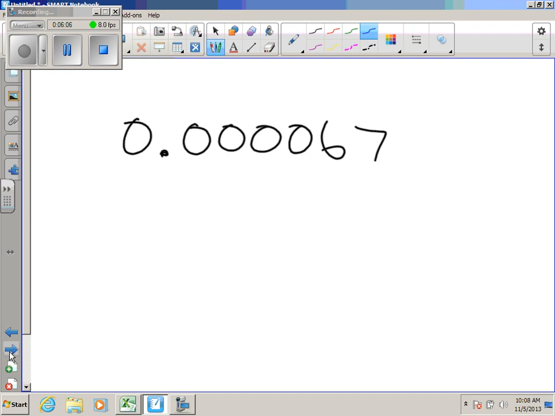Where now will I put my decimal here to still give me that value between 1 and 10? Keith? Between the 6 and the 7. So let's go ahead and put it there. 6.7. But if I go by a positive power, I'm going to move my decimal this way.